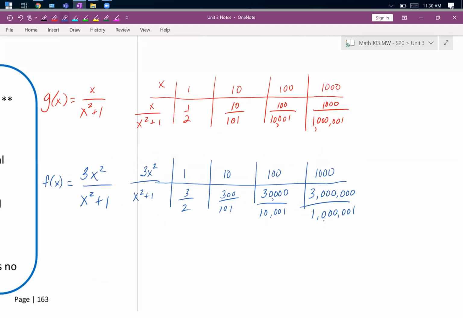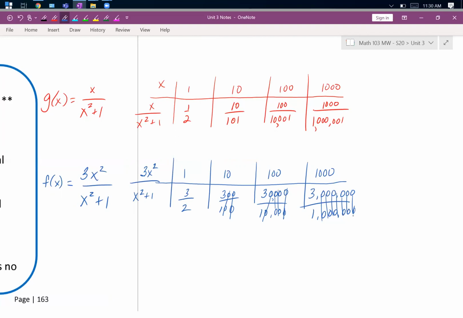Well, when we have a number like 1,000,000, 1 doesn't really matter so much, even with these 10,000. So if we look at what's happening to the value of this fraction, if we ignored that plus 1, because as we're tending towards infinity, plus 1 isn't going to make a real difference, notice all these zeros cancel out, and what we're left with over and over again is 3 over 1, which is the ratio of our leading coefficients.